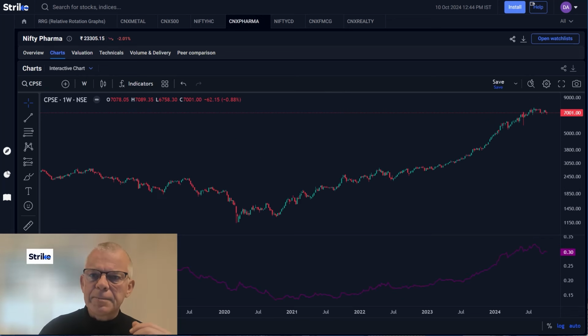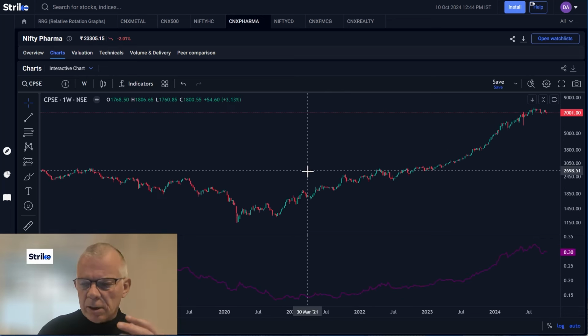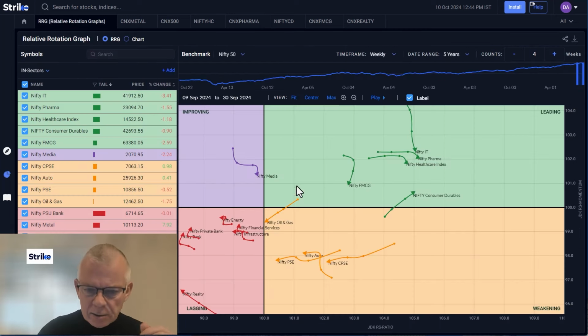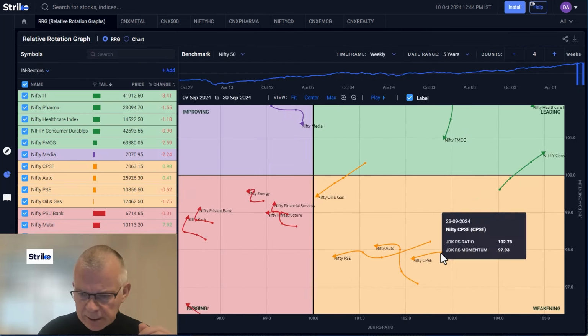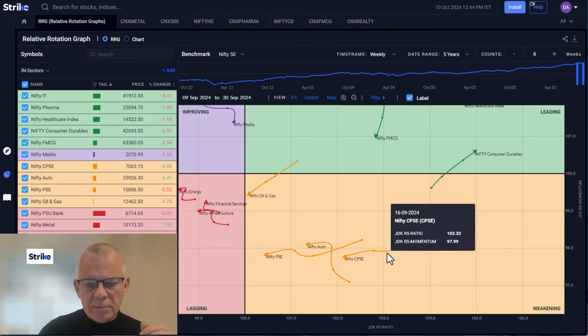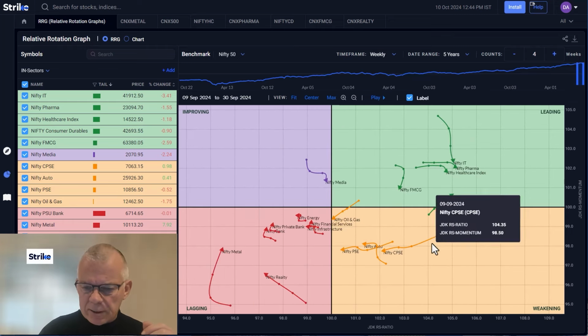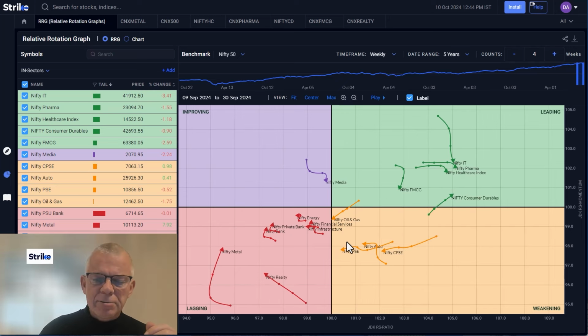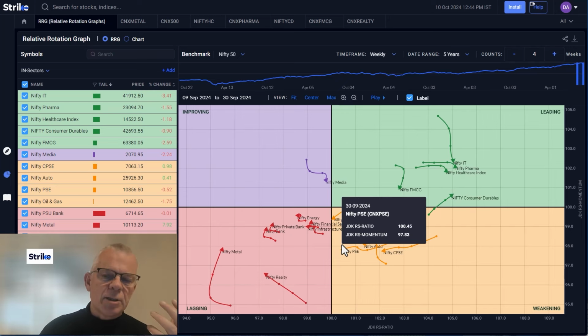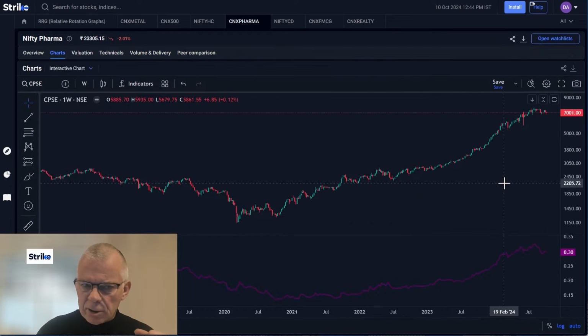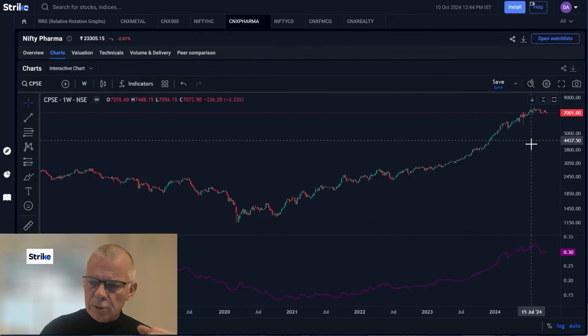Then two that are interesting, the first being CPSE. Look at where CPSE is on the chart. It's inside weakening, but it's rapidly heading towards the lagging quadrant, and the tail is increasing in length, which indicates that there is more power behind the move. If we look at the chart here, you can see that this looks very toppy.